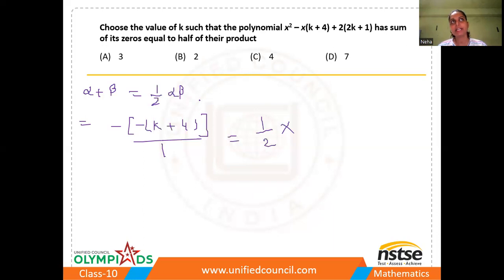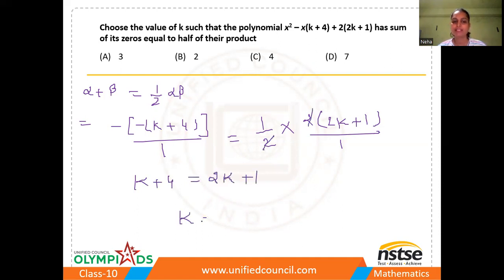Alpha into beta, the product of zeros, is c by a. So c is 2 into 2k plus 1, by 1. So k plus 4 is equal to 2 into 2k plus 1 by 2, and 2 will get cancelled out. This is 2k plus 1. So k is nothing but equal to 3. Yes, option A is your right answer.